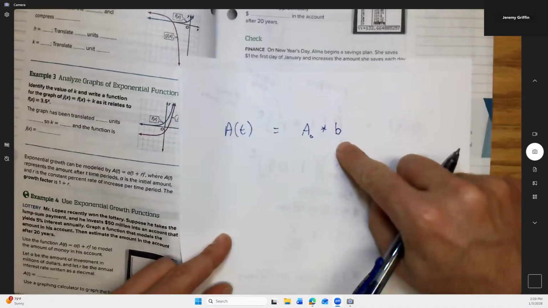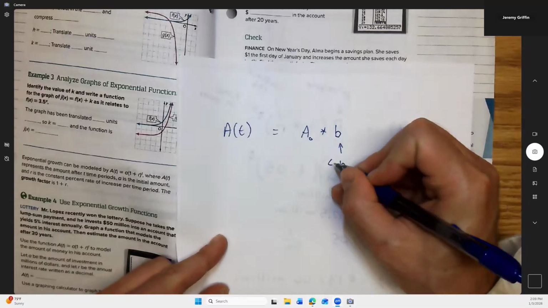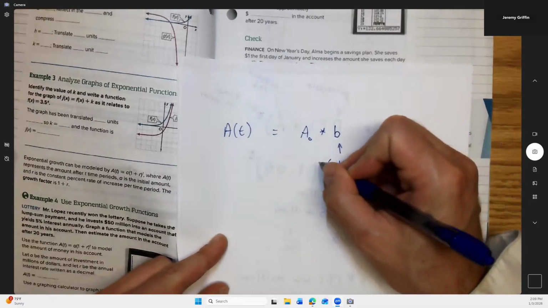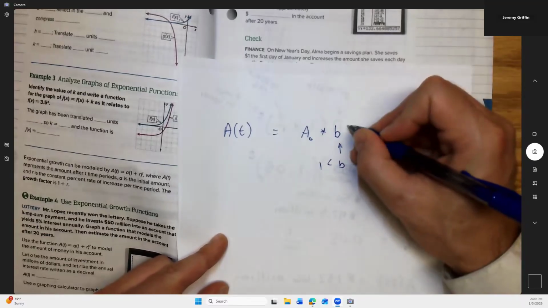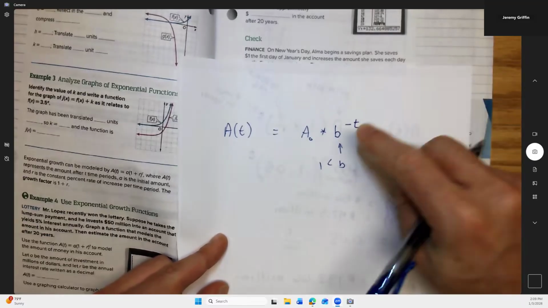They used b for base number. Now, if b is bigger than one, then it has to be a negative exponent, right?